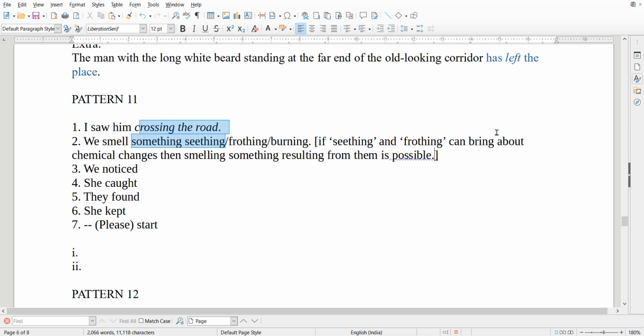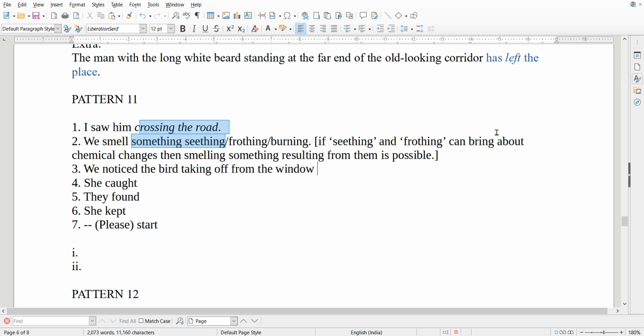Great. We noticed the bird taking off from the windowsill. I want to keep it easy.